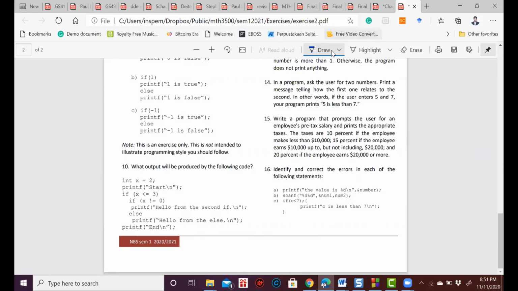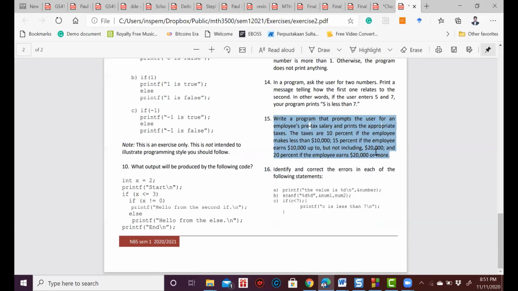Okay, which one? Okay, let's say this one.